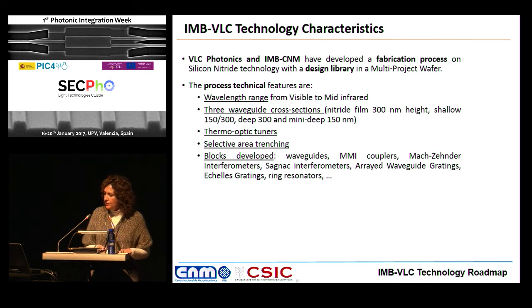We are working with three waveguide cross-sections, which we call shallow, deep, and mini-deep. We can also fabricate thermo-optic tuners that can modulate the wavelength. And we are ready to open some areas in the waveguides to make sensors, for example. You can see on this slide the different blocks developed in this technology.